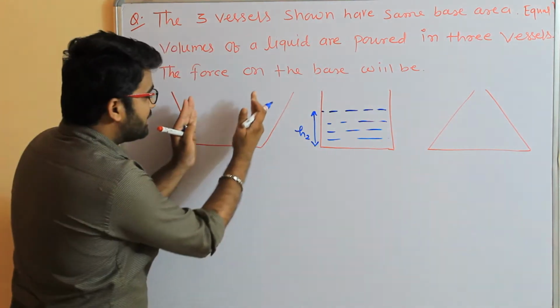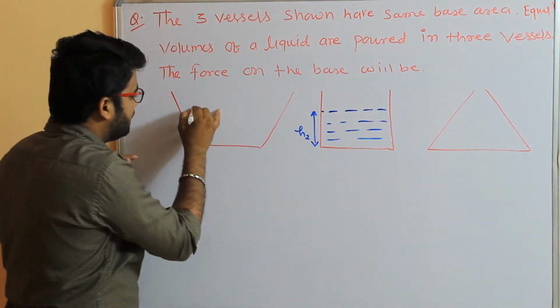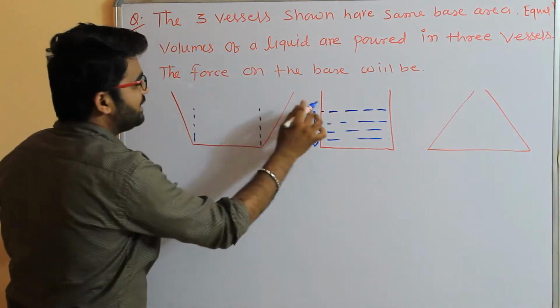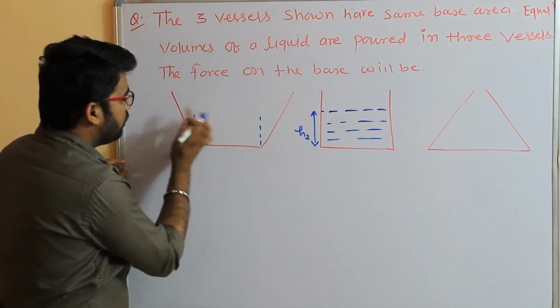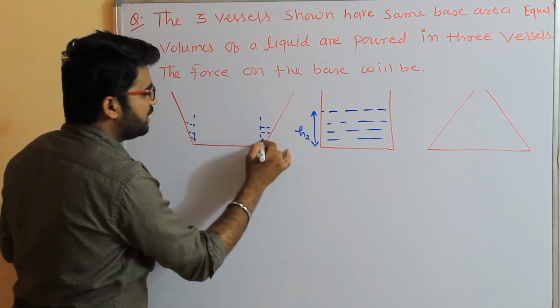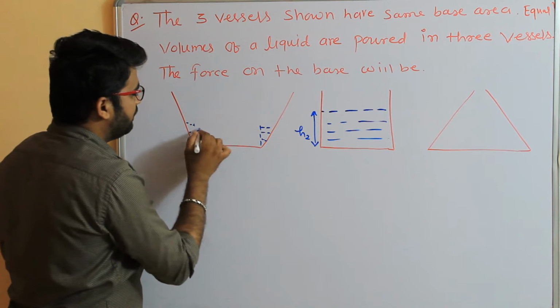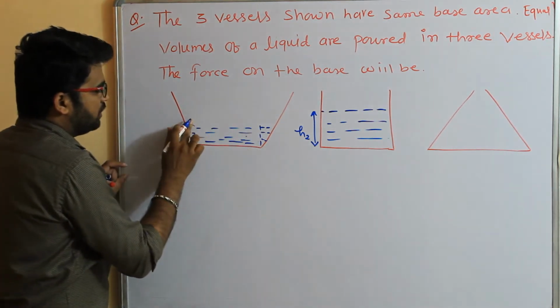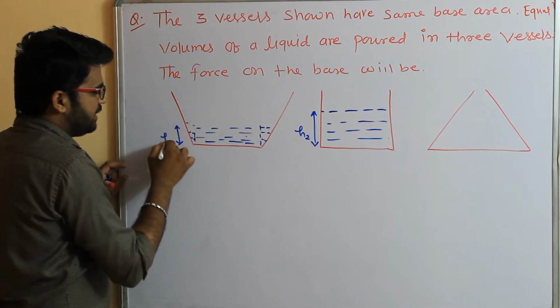Why? Because some part of the liquid will occupy this area, so the height will be lesser. So this height we can say H1.